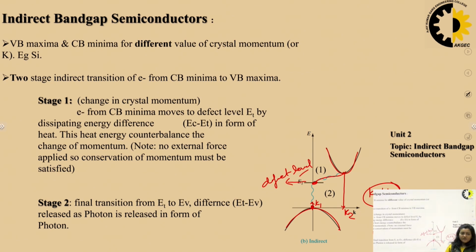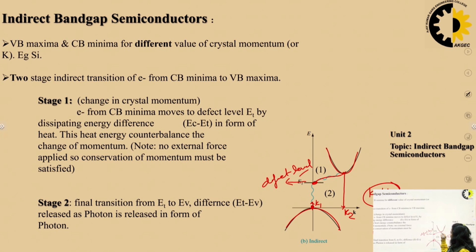So at some defect level, it will come from the conduction band to the valence band. But how will it lose energy? It will lose energy so that the energy is not too much.